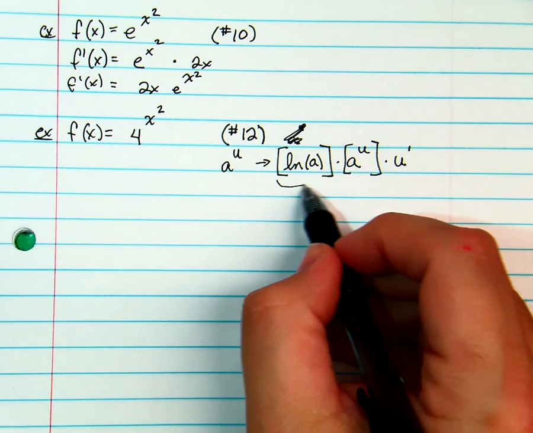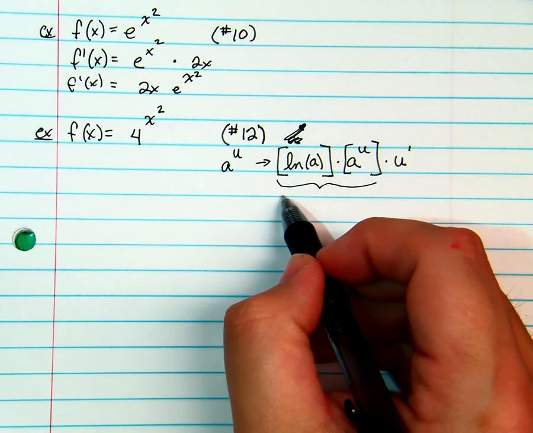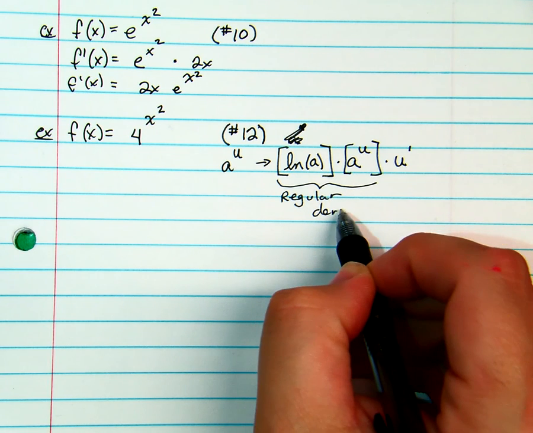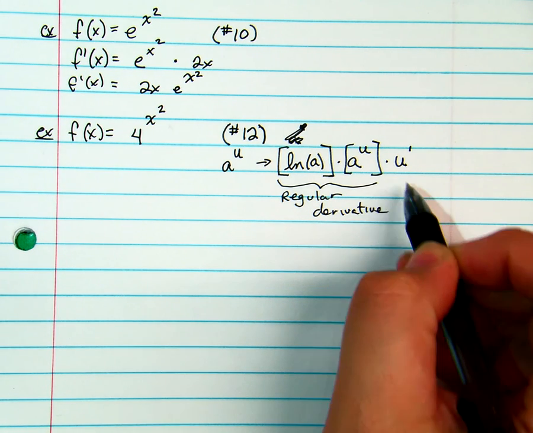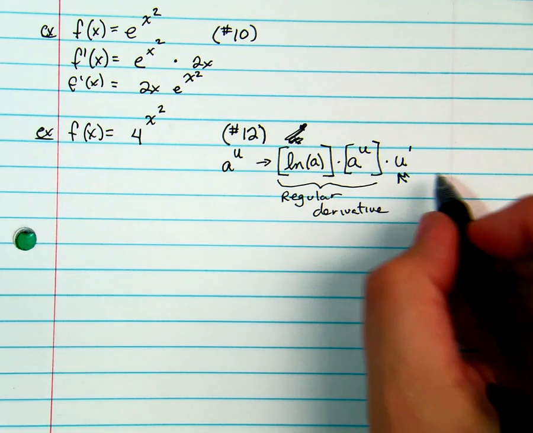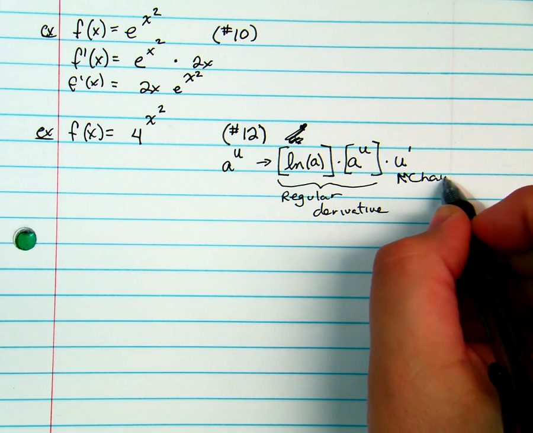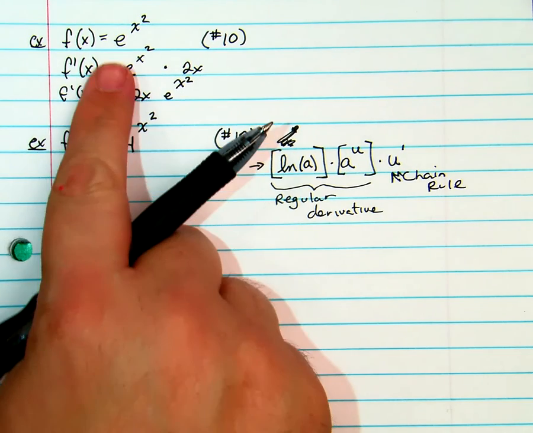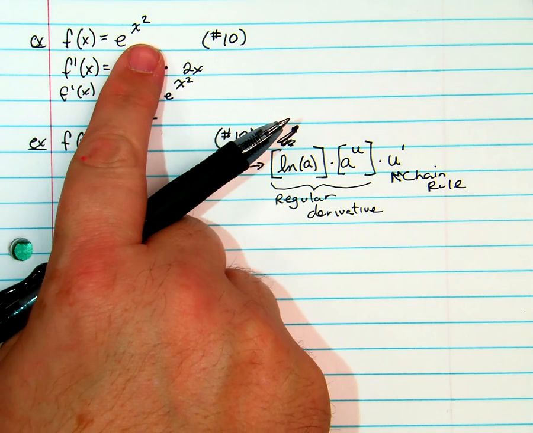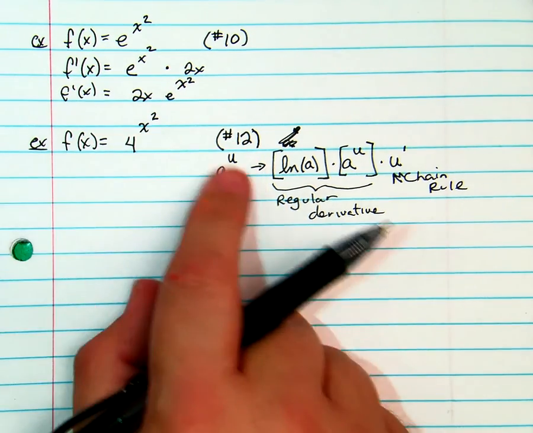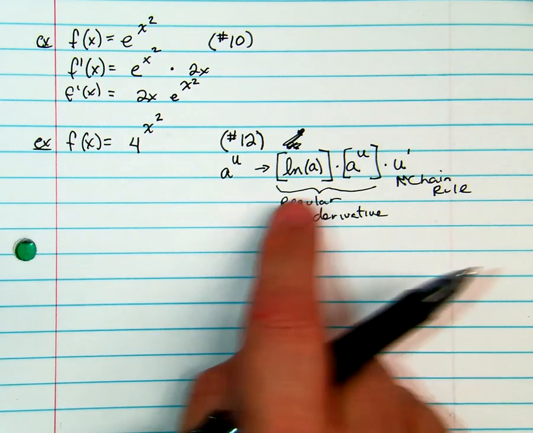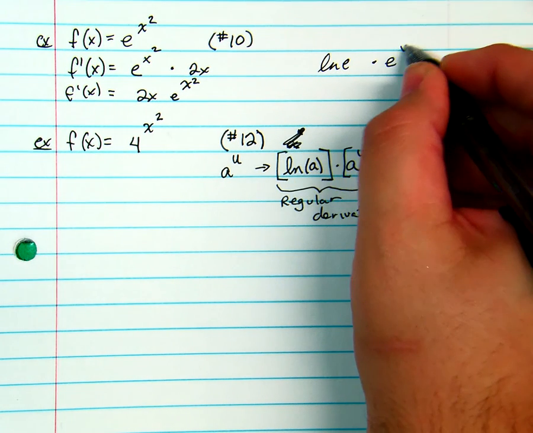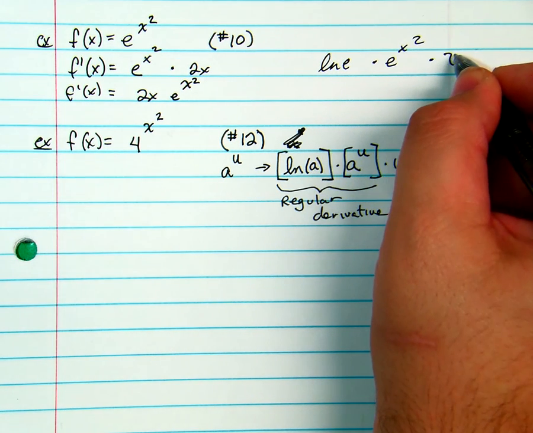This is the regular derivative. This is your chain rule. So when we deal with e to the x, if we just used a to the x, it would be the natural log of e times e to the x squared times 2x.